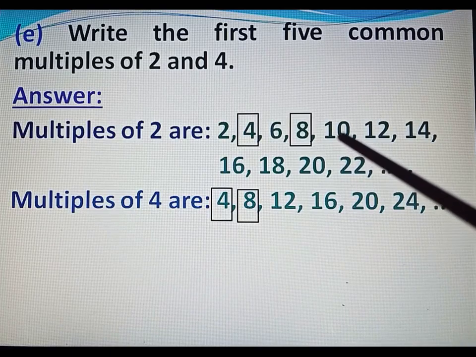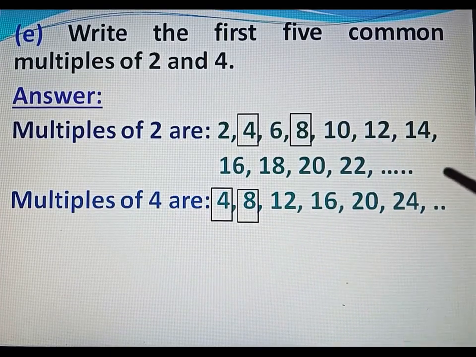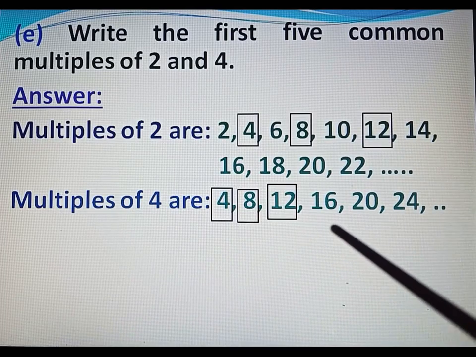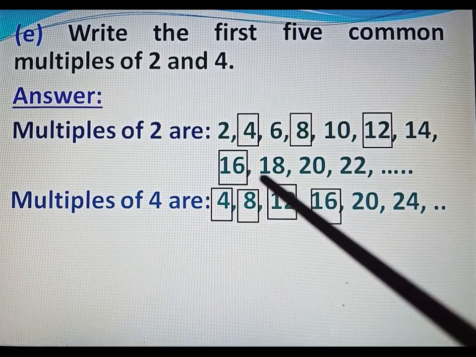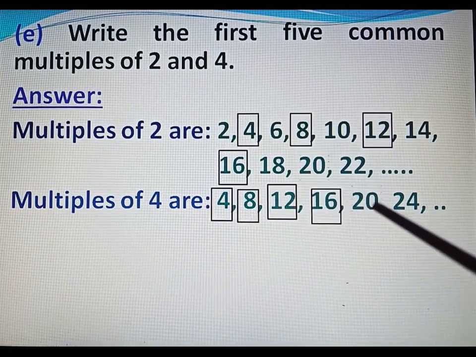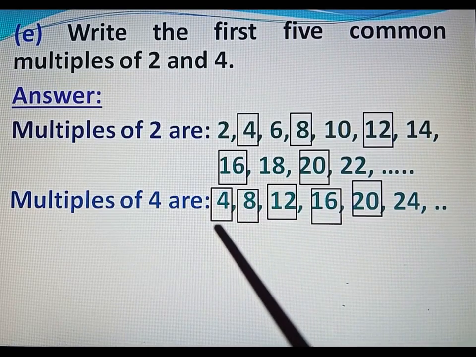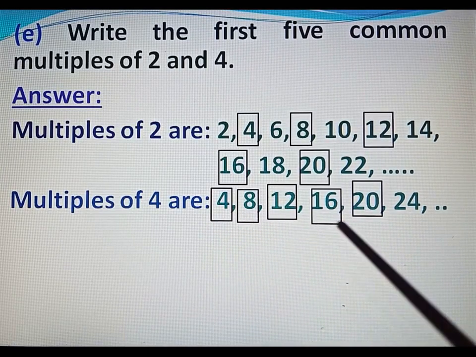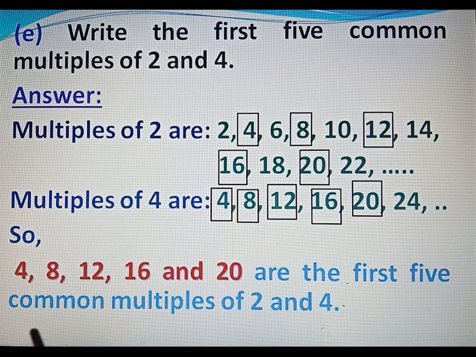Now next number, this 10 is not there, here 4 in the 12, mark 12. 14, not. 16 is there, mark 16 and 18 no. 20, mark 20. Now see, the first 5 common multiples are 4, 8, 12, 16 and 20. So 4, 8, 12, 16 and 20 are the first 5 common multiples of 2 and 4.